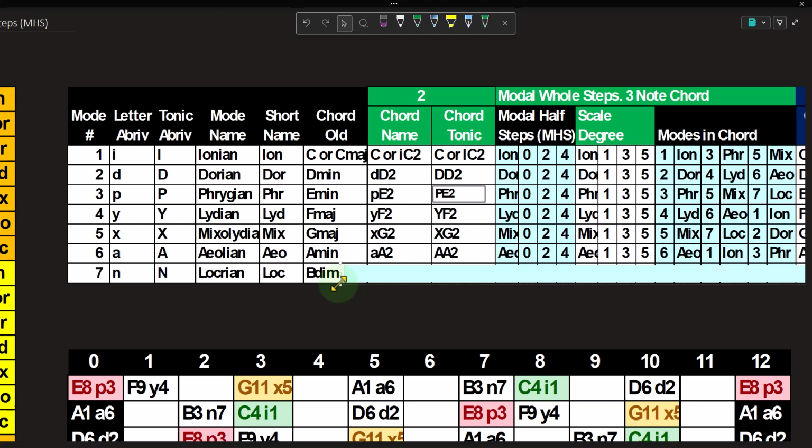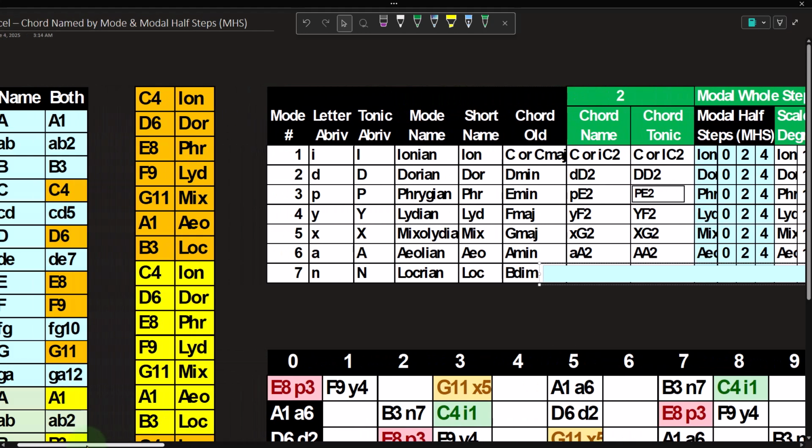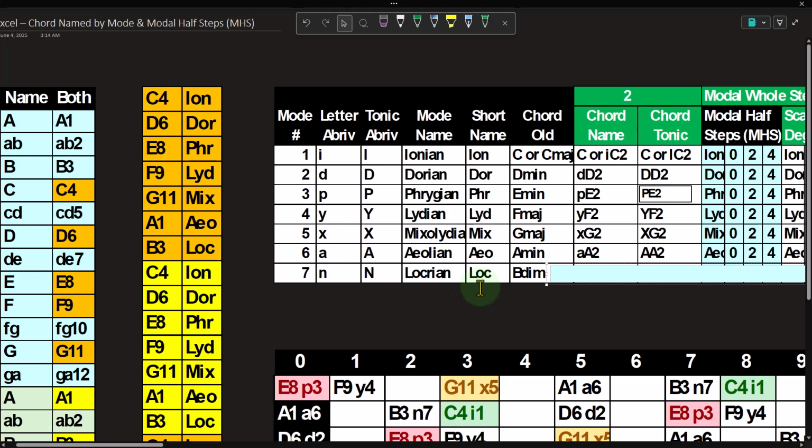And the Locrian, this is how I kind of think of it. We'll talk more about this later. But we have another bucket now, right? So we have the major bucket. We've got the minor bucket. And then once we add the 7, we have the 7 bucket, the 7 chords. But now we have another bucket for the Locrian, which are going to be the diminished.